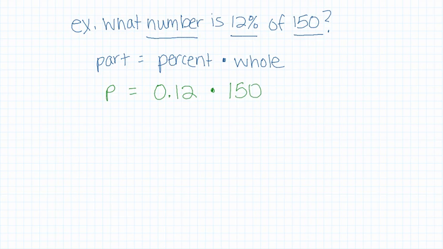If you do this simple multiplication on a calculator, you end up with P equaling 18. What does P equaling 18 tell us? It tells us that 18 is in fact 12% of 150.